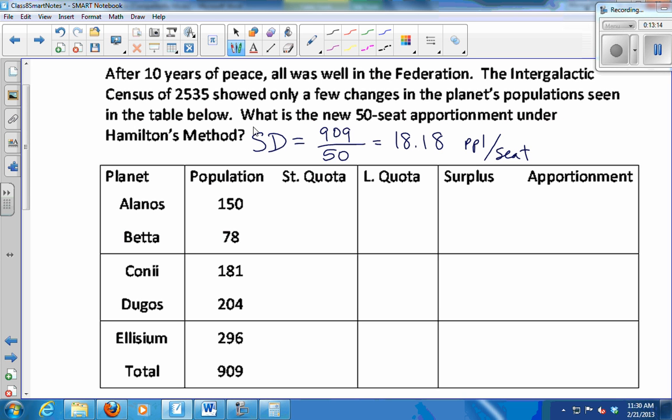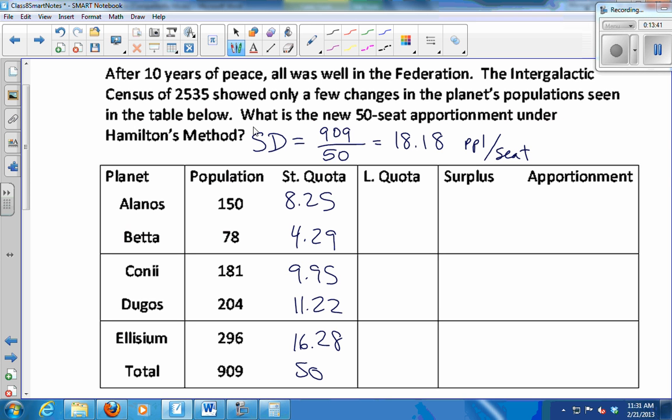So when you divide each population by the new standard divisor, what do we get? Somebody read them off. Okay, so that should add up to, if not 50, very close to 50. Just because of rounding, it might not get quite to 50.